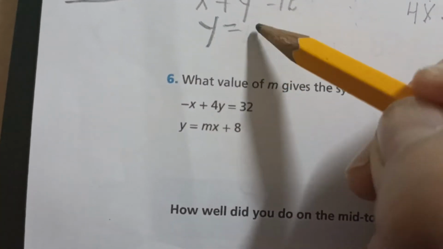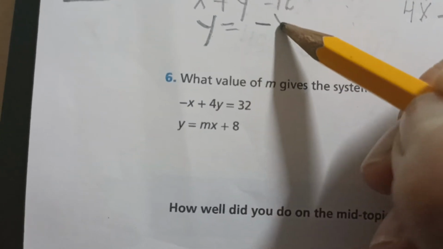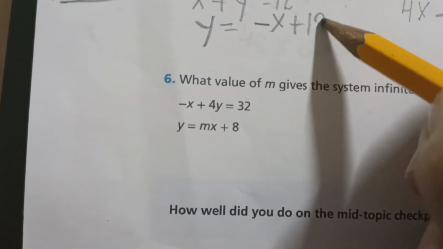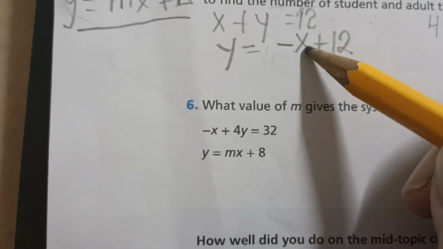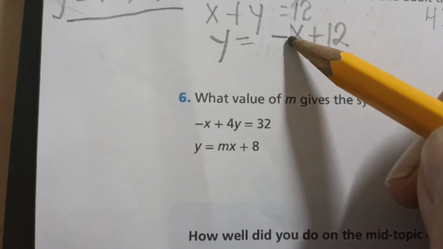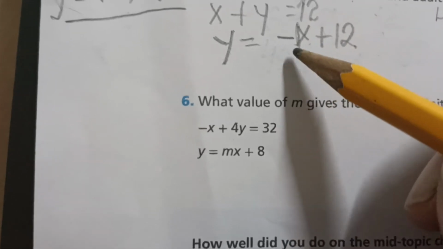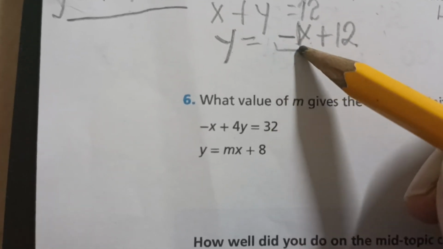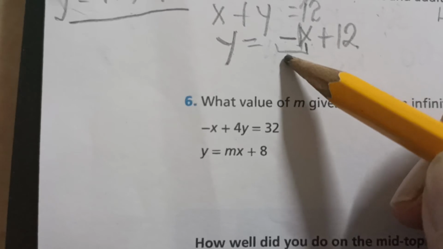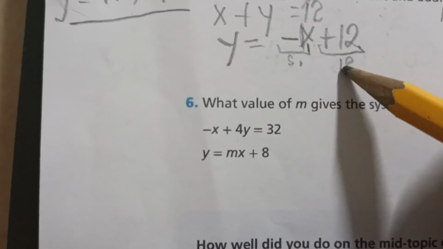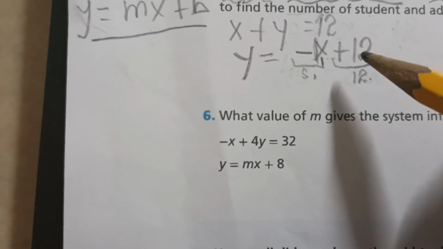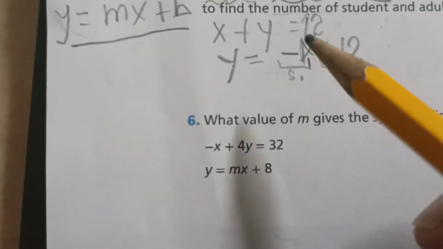Y equals minus x plus 12. Okay, again, if you see x, that means that number 1 is still here, hidden. Okay, that means that slope is going to be minus 1. Okay, slope, and y-intercept is going to be 12 here. So, and that's it about this equation.